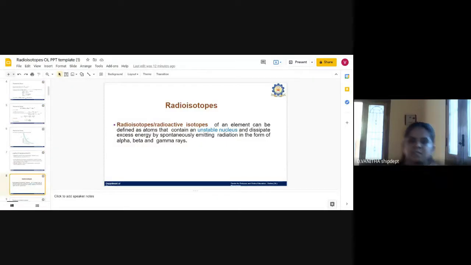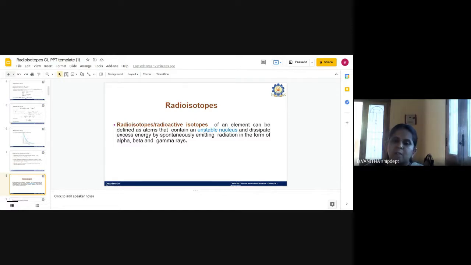Then next, we move on to the radioisotopes. Radioisotopes of an element are defined as atoms that contain unstable nuclei. That unstable nuclei disintegrate and emit some particles that are harmful.